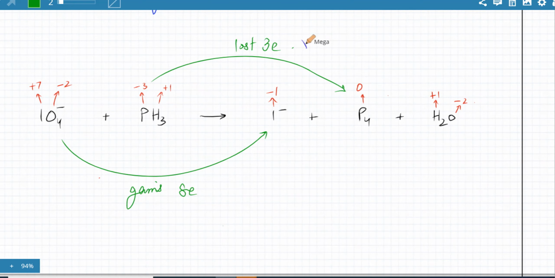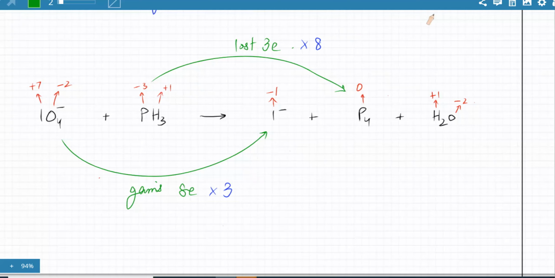So multiply this by 8, so that I should have 8 phosphoruses. And I multiply this by 3, so that I should have 3 iodines. Because each one would gain 8 electrons, that would be a total of 24 electrons.